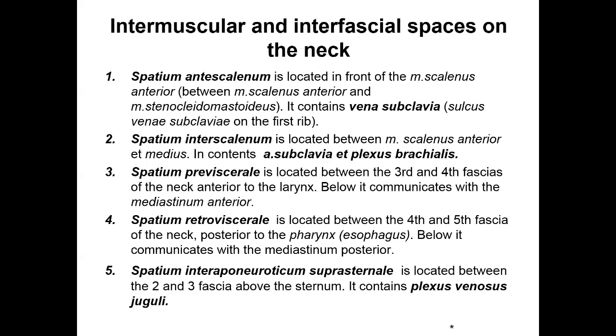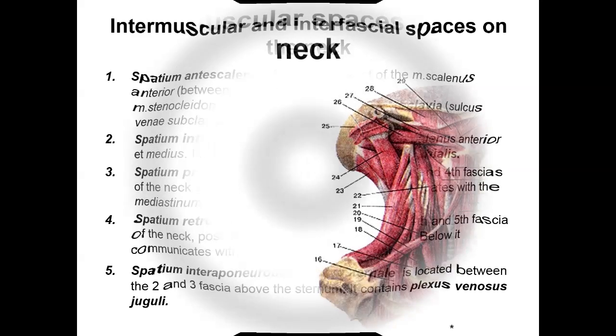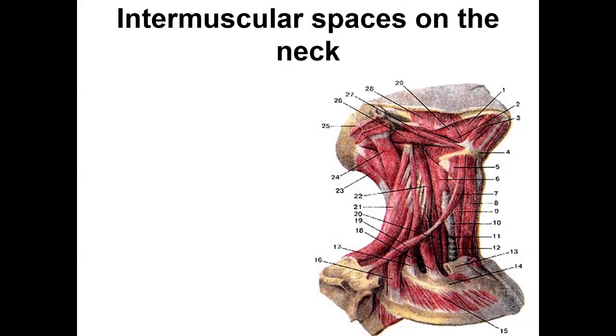Now let's try to find these spaces in the pictures. So let's discuss intermuscular spaces on the neck. First of all, this black arrow.